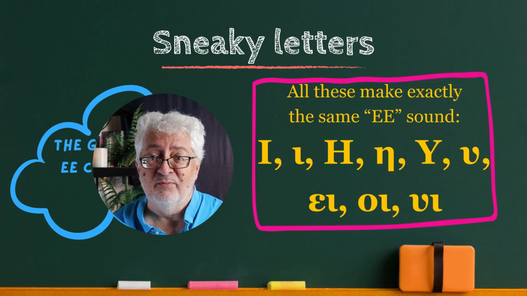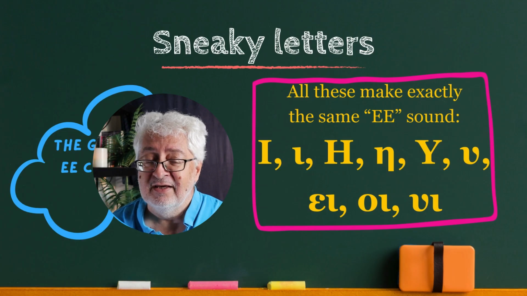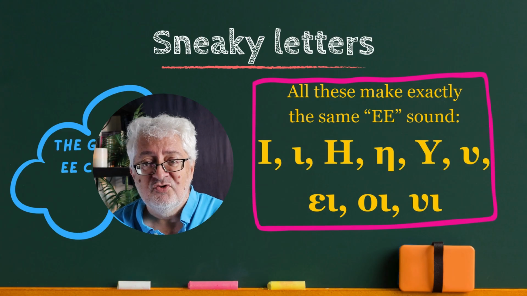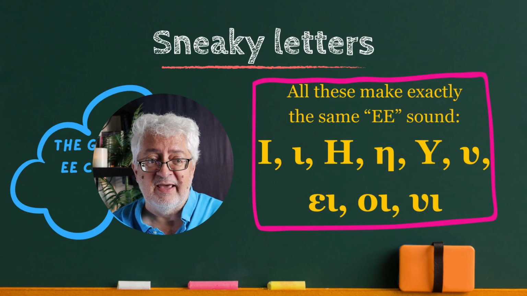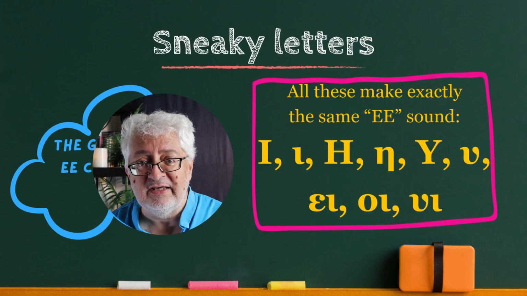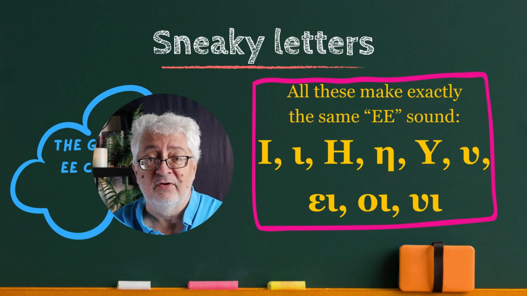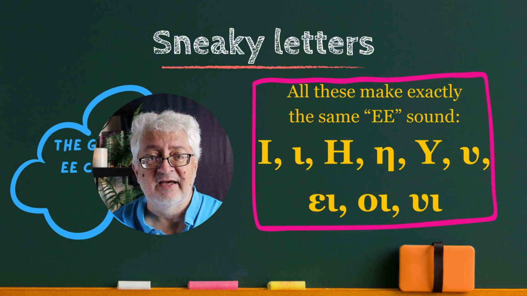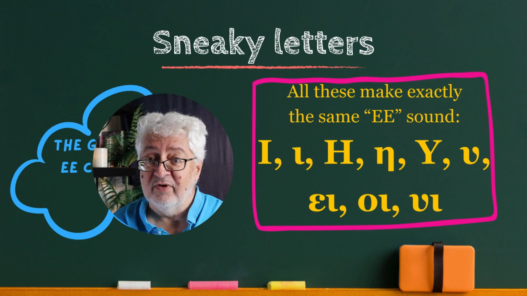And then you have the small epsilon, which looks like a 3, but it is also an E. And then you even have two-letter combinations like epsilon iota and omicron iota. And these are also E, and they are also indistinguishable. So these letters are all inside, India. You could write these words with any of these letters and they would sound exactly the same.